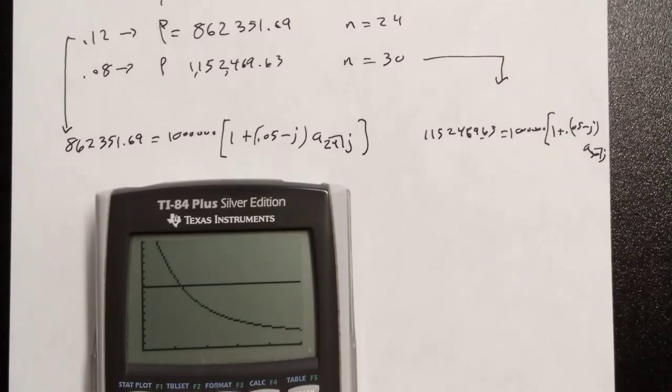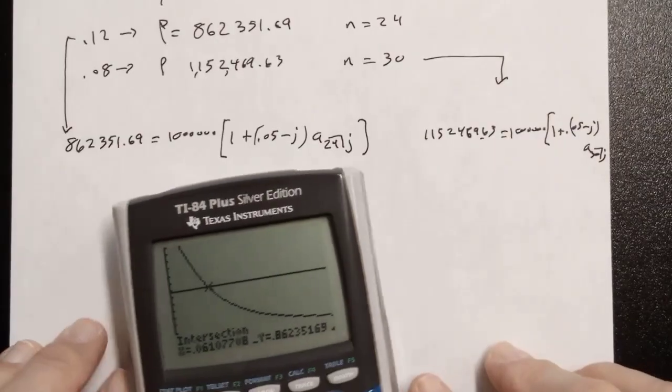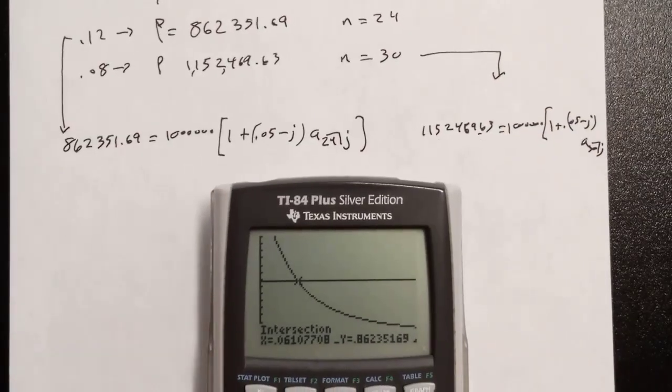What's my yield in this option? Because I get 0.061 here, but that's J. And the yield doubles that, so 12.2%.